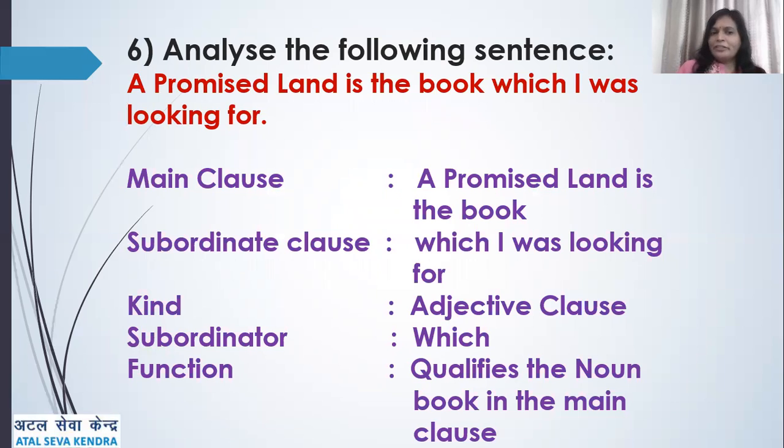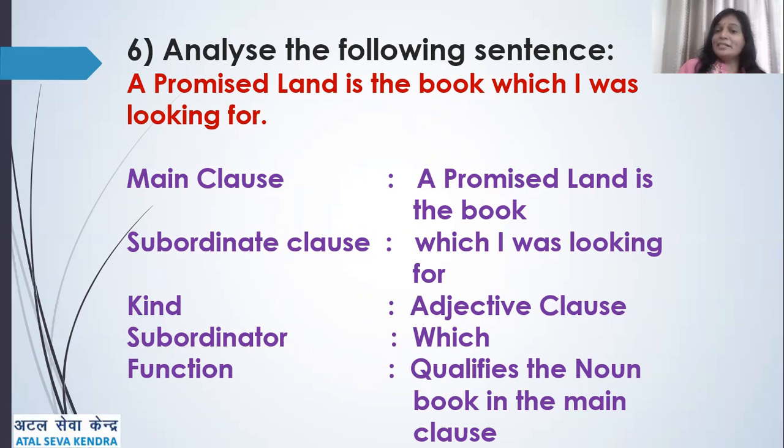You are not expected to write all of these if you are asked only to pick out the dependent clause and state its kind. So you have to again read the question properly. If you are asked to analyze, all these will come. If you have to only pick out the dependent clause, then you don't have to write subordinator and function. So again, as I told you, be very, very careful when you read the activity sheet.